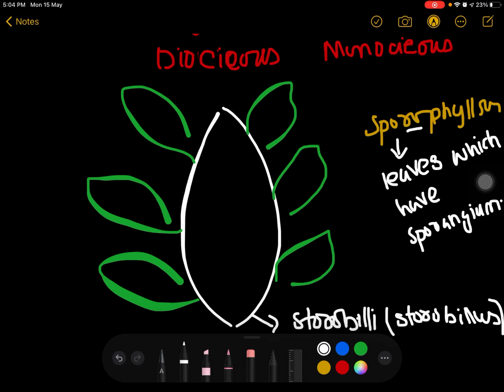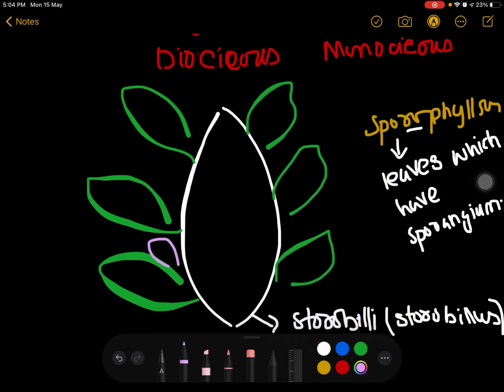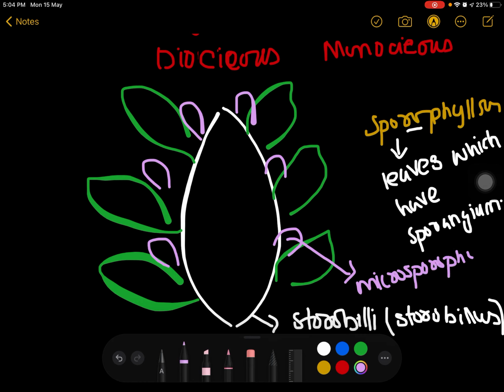Basically, on those leaves, sporangia are present, right? Consider that this is the microsporophyll, and this is the megasporophyll, right?